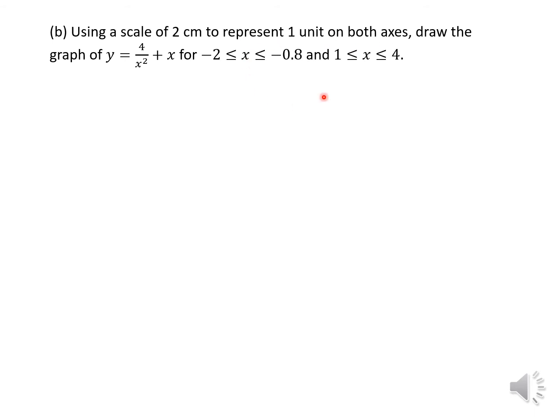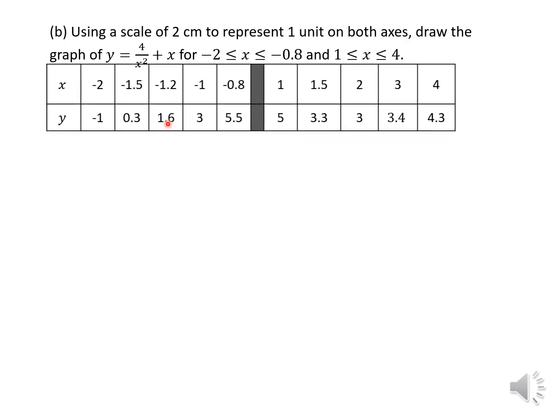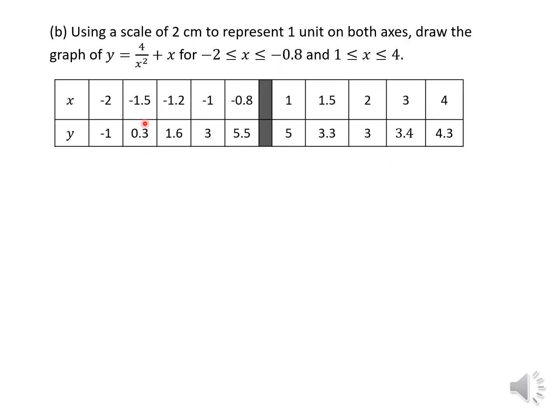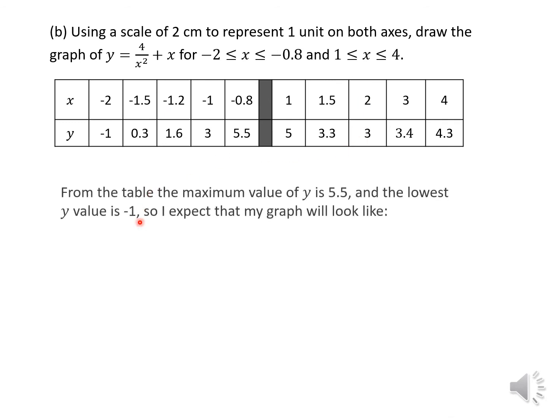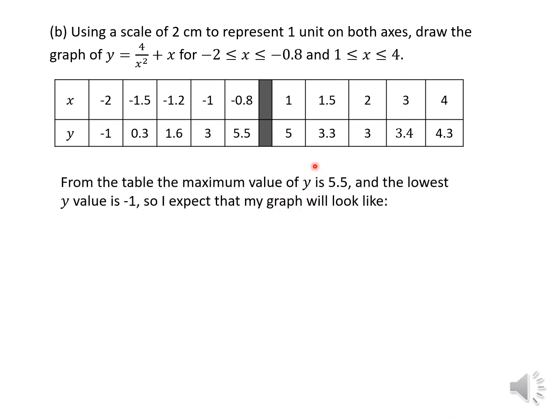Before I draw this graph, let me bring my table back, a completed table. So this is what I expect. I know that the maximum value, the highest value of y, looking at this, is 5.5. So my graph can go all the way up to 6. And I know that I have to go from -2 up to 4 on the x-axis. And then the lowest part is -1 here. So I can draw something like this. My graph should be able to fit in this particular region.